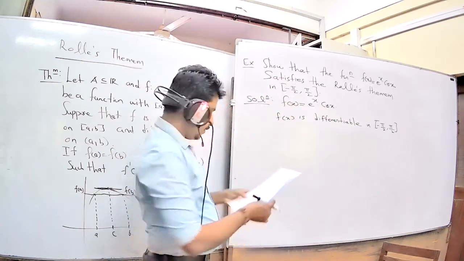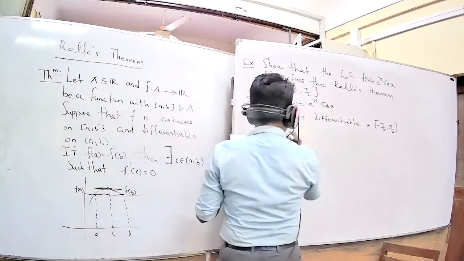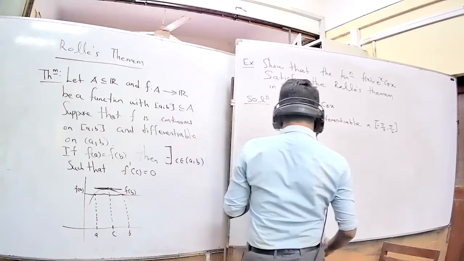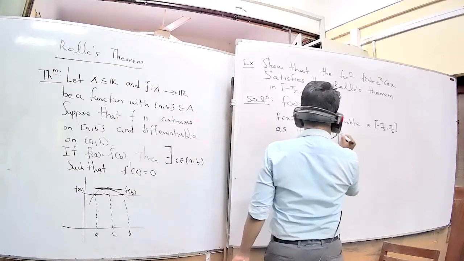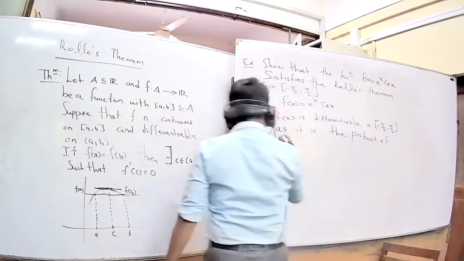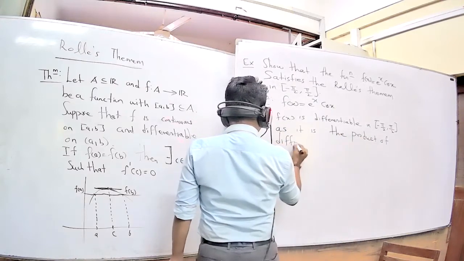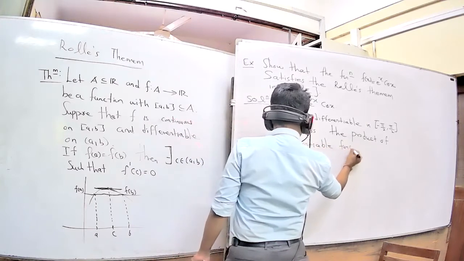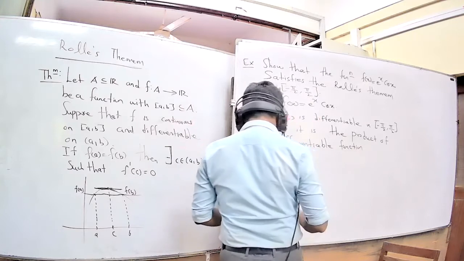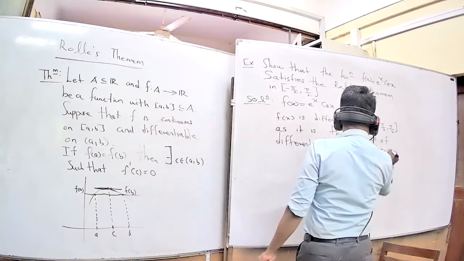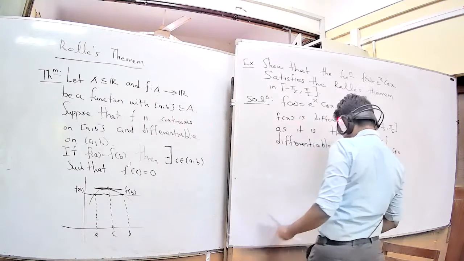It is the product of the differentiable functions e power x and cos x.